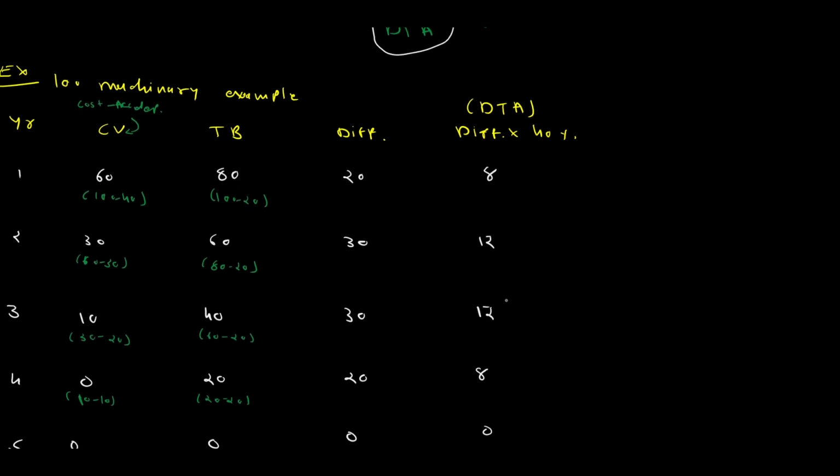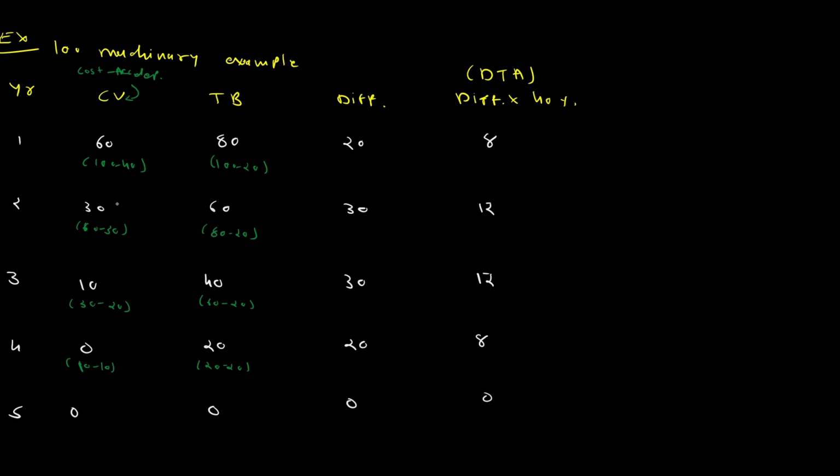As we understand here, if the tax base is higher, it will create the DTA. In the next year, 30 is the carrying value of the account book, 60 for the tax. 60 minus 30, 30. So 30 multiplied by 40%, 12 is my DTA. And here also 40 minus 10, 30 is the difference, 30 into 40% is also 12.